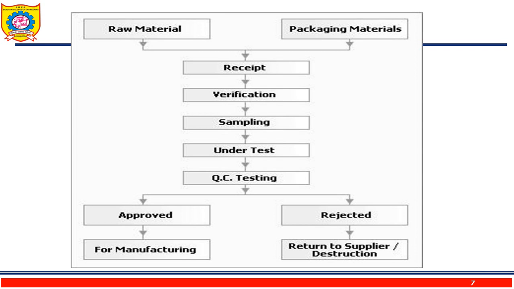Now the inspector takes the decision whether to approve or reject the material. If the material is found correct, it is approved and passed for manufacturing. If it is not found correct, it is rejected and returned to the supplier, or given for destruction.